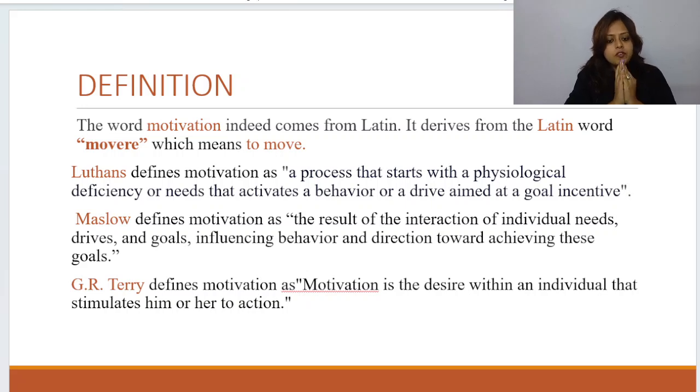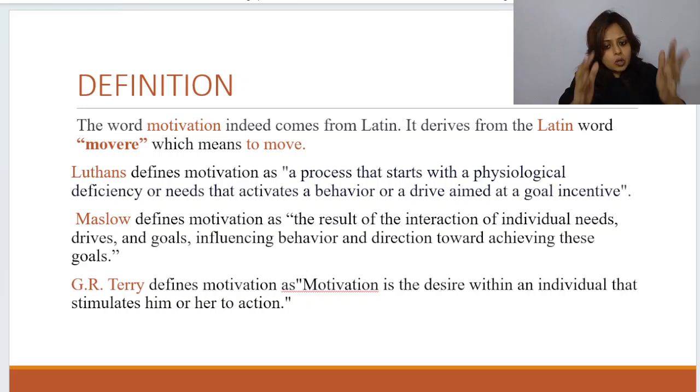Over here you can see that there are 3 definitions which I have considered. The first was given by Luthans, the second by Maslow, and the third one by G.R. Terry.